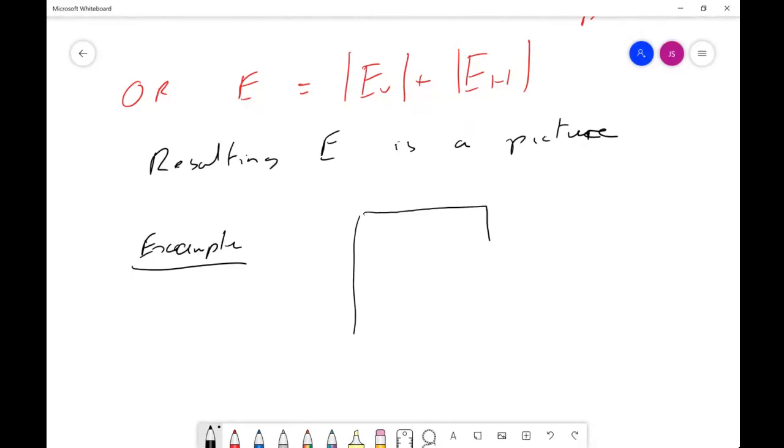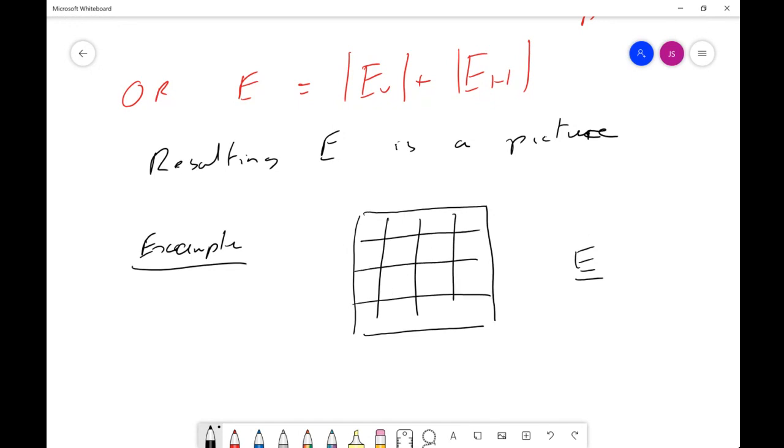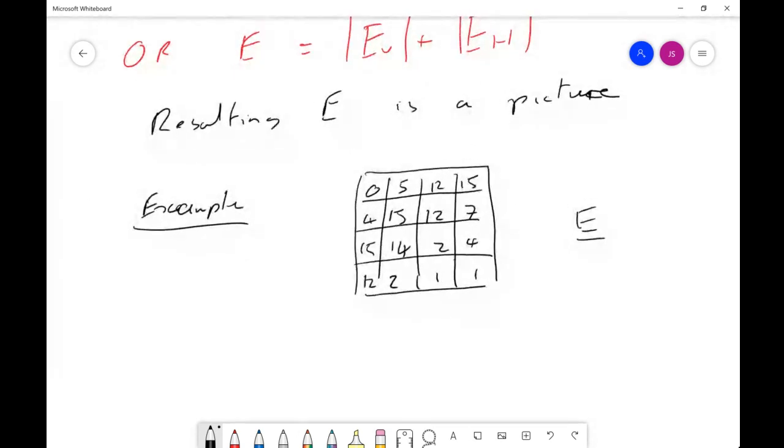Supposing we get an example of E, and let's give you a 4x4. Supposing that example is 0, 5, 12, 15, 4, 15, 12, 7, 15, 4, 14, 2, 4, and 12, 2, 1, 1. So that might be the result of the two operations. Where's the edges? It's just a picture.